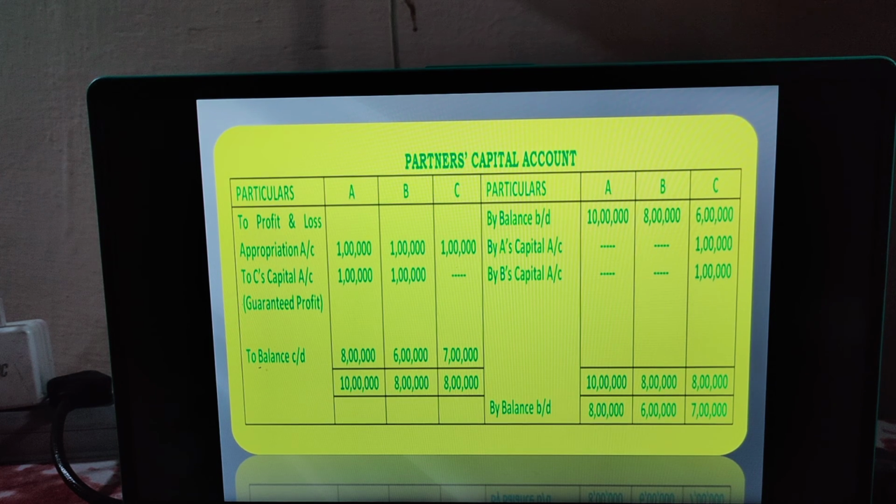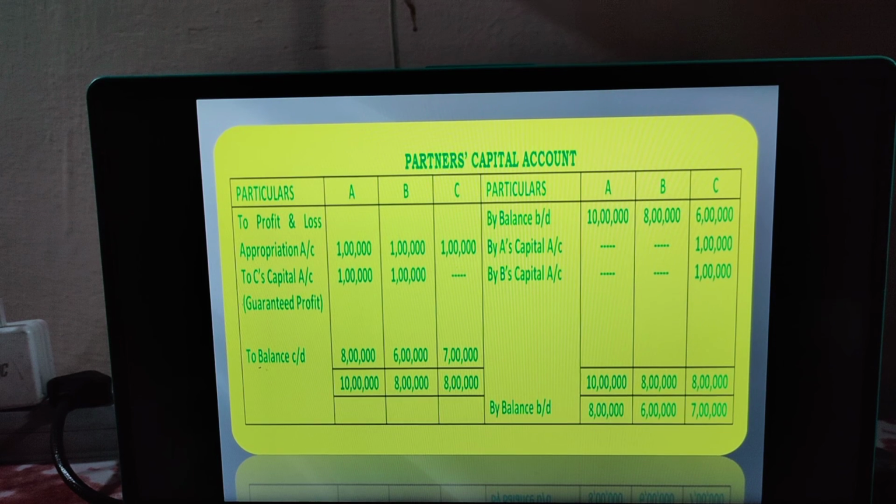Therefore, C's capital account is to be credited by the amount of deficiency of rupees 2 lakh. That is 1 lakh share of loss debited plus 1 lakh guaranteed profit, which is shared equally by A and B. See, we have written by A's capital 1 lakh, by B's capital 1 lakh. Where would this amount be given? In C's column, because both will contribute.